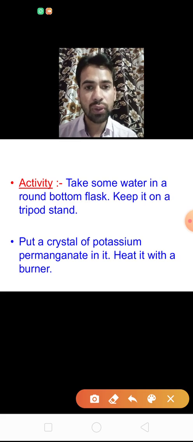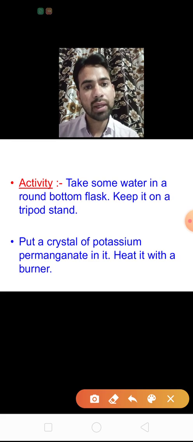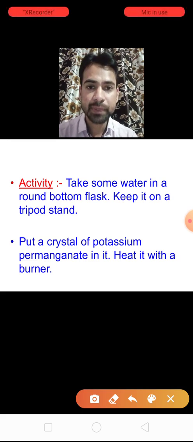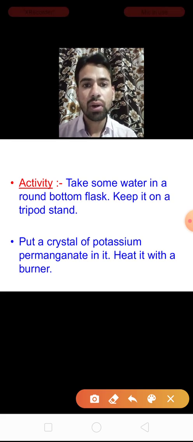Then slowly the colder part, that is the upper part, will become hot. So heat is transferred in liquids by convection from the hotter part to the colder part.